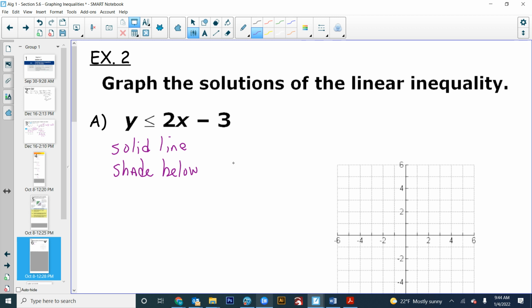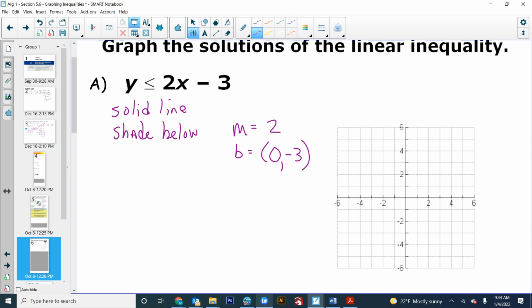Now, guys, what's my slope? 2. What's my y-intercept? How do I write it? So how do I graph this? We've been working on graphing for a long time.